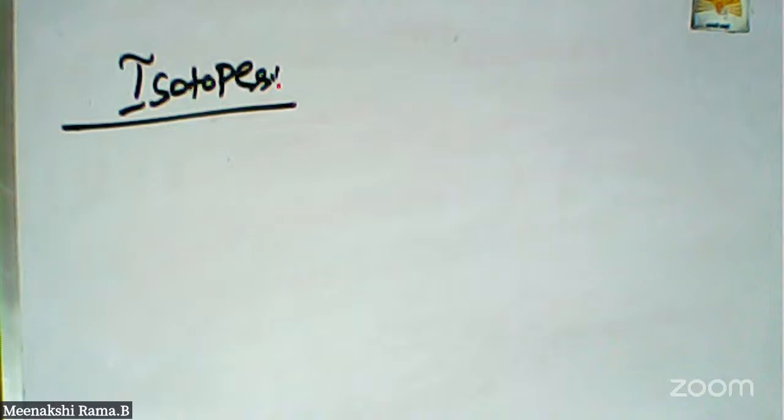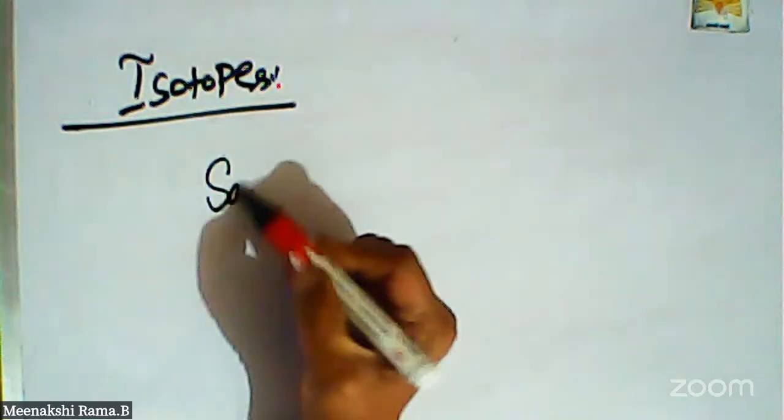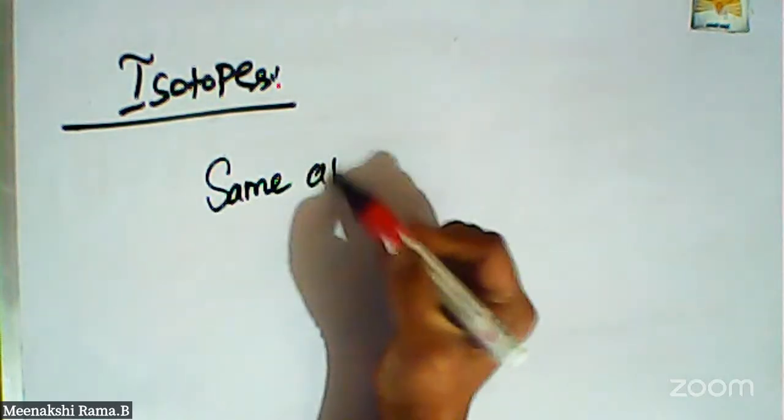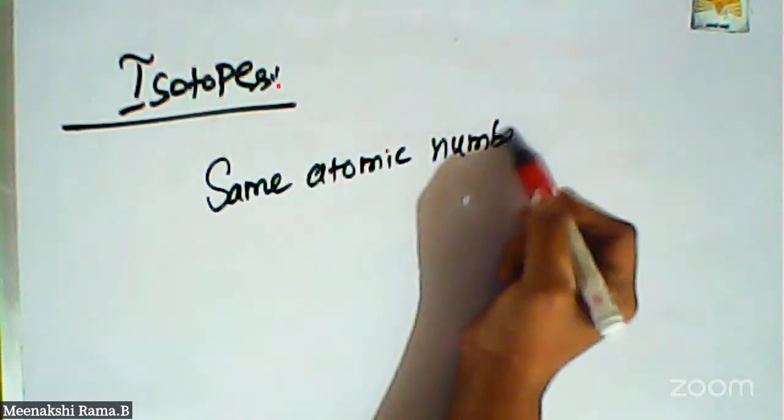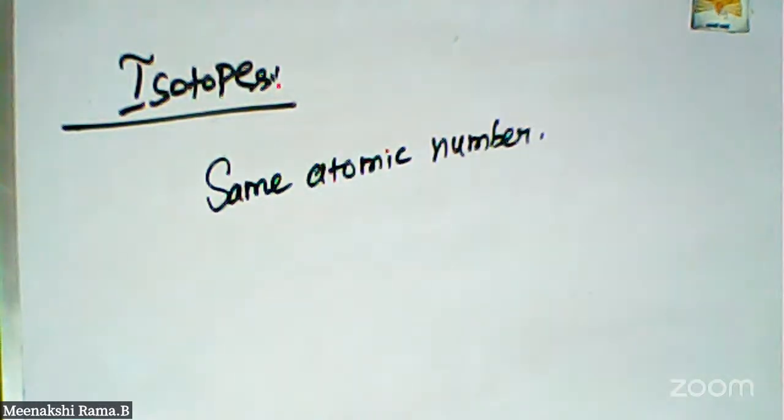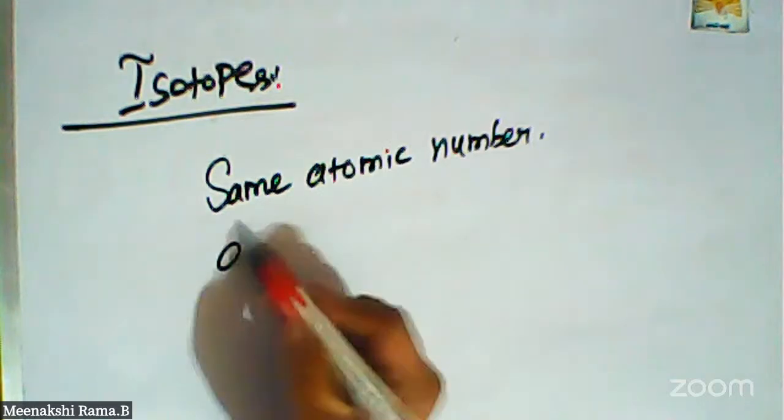Isotope means atoms or elements that have been identified as having the same atomic number and different mass number.